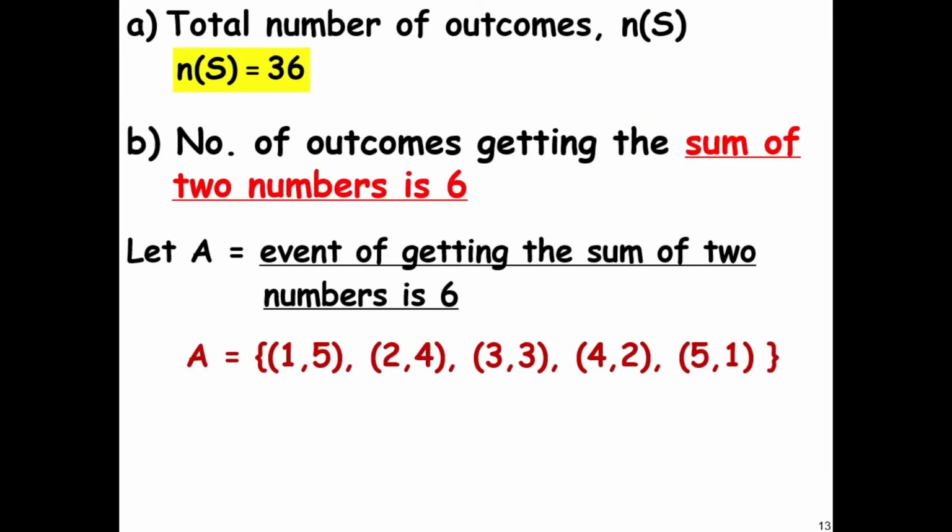Therefore, we list down from all the outcomes: 1, 5; 2, 4; 3, 3; 4, 2; and 5, 1. We count here 1, 2, 3, 4, 5. The number of outcomes for event A is 5.